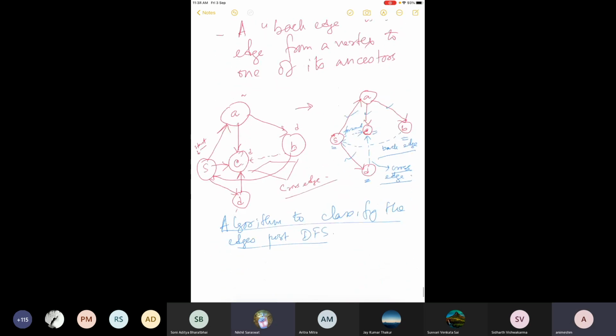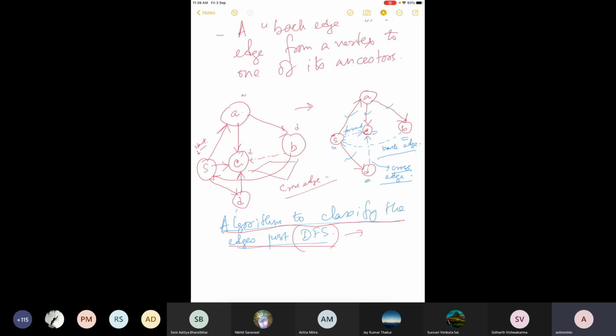Similarly, the definition of the cross edge, forward edge, and back edge depends on the DFS tree. It definitely depends on the tree. That's why, whenever you write an algorithm to classify the edges, this will always be post DFS.